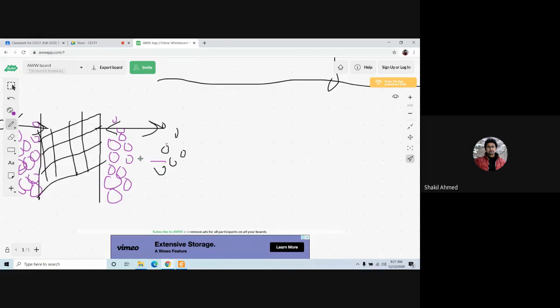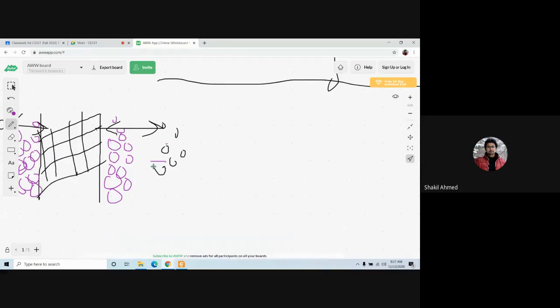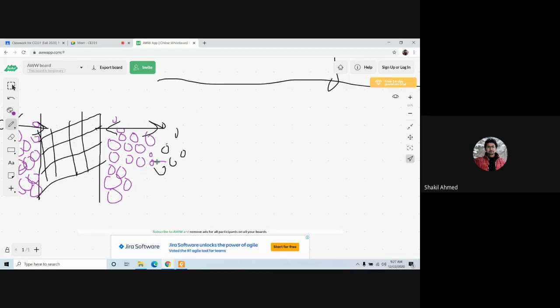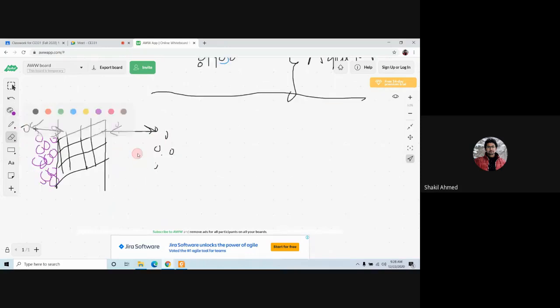For example, smaller, smaller, larger, larger, larger. We want to have a gradual transition of the particle.